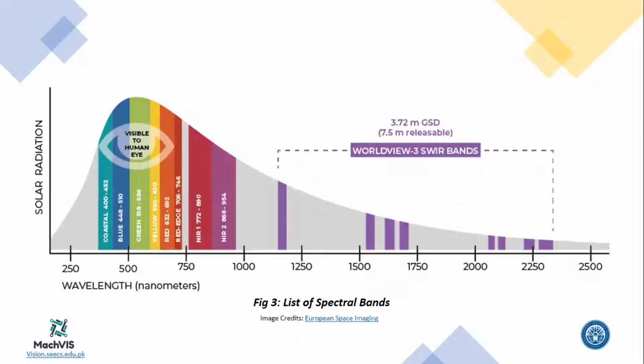I think so. We have some understanding of multispectral and hyperspectral imagery. This image is taken from the European space website, and this is particularly about the bands of the Landsat 8 satellite.